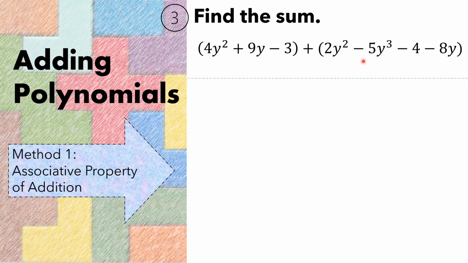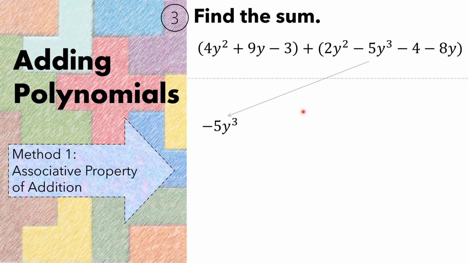This second polynomial is not in descending order, so that's fine. We'll just group the like terms, starting with the degree, or the term with the highest exponent.